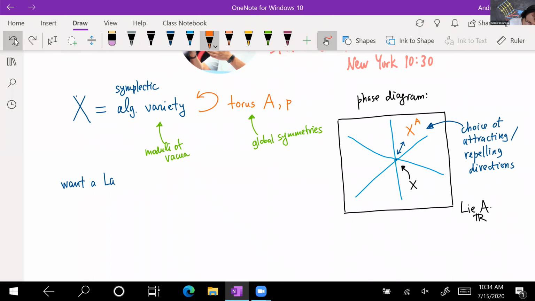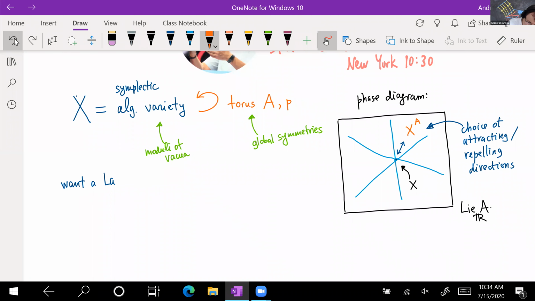So we'll have to address this. In other words, if I try to write down some sort of interface between one vacuum and another, we have to think about the fact that there are these kinds of trajectories.